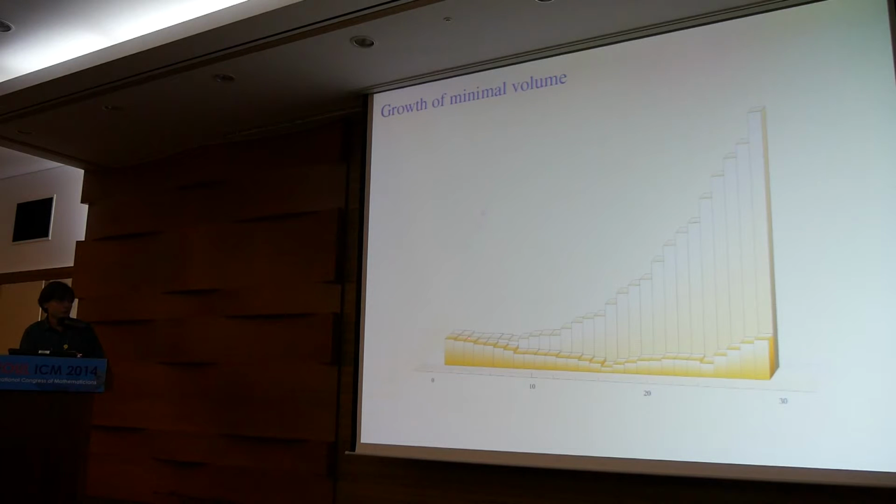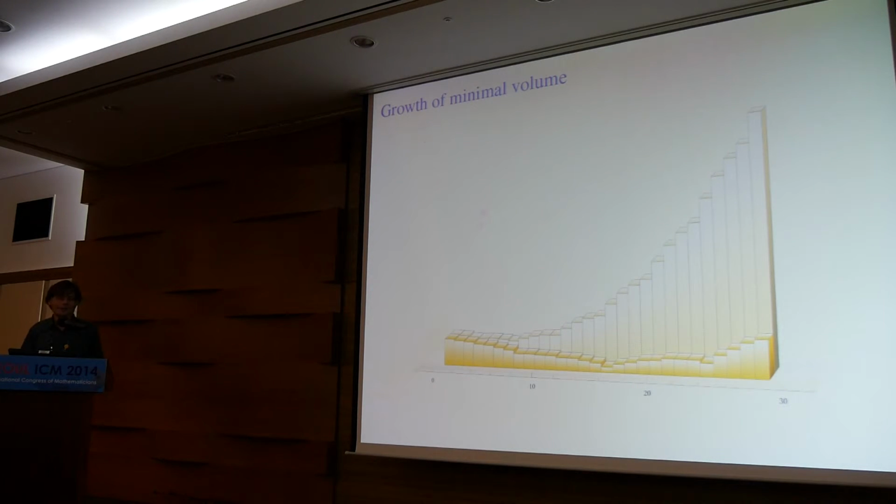The first quite surprising thing you notice is that in small dimensions there are no surprises, but when the dimension grows, the volume of the non-compact one becomes much smaller than the compact one, and the difference grows. So apparently, orbifolds with cusps tend to have simpler structure than if you don't allow cusps.